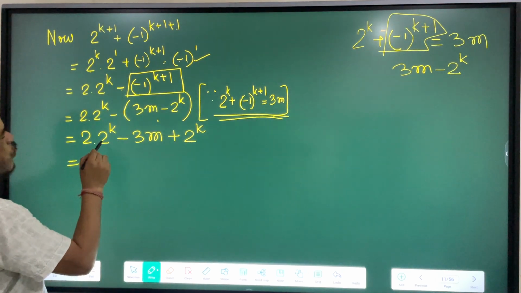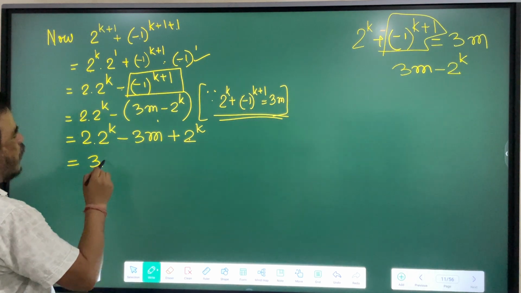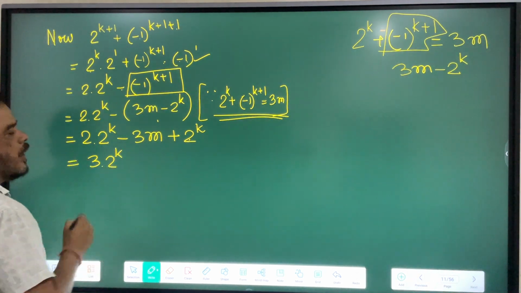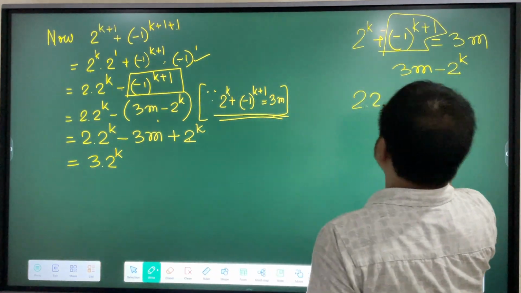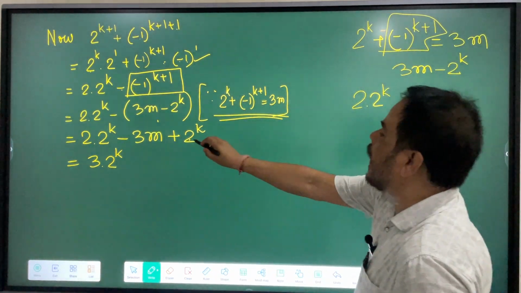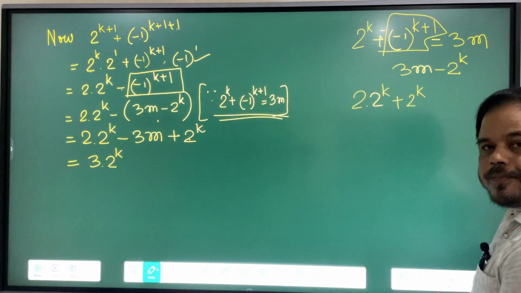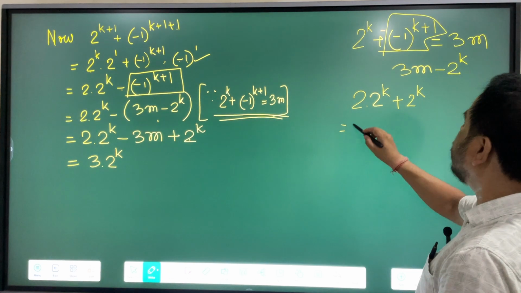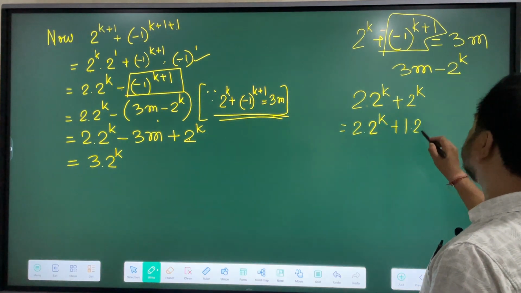Now 2 into 2 to the power k plus 2 to the power k is 3 into 2 to the power k. How is it? Look here: 2 into 2 to the power k plus 1 into 2 to the power k.